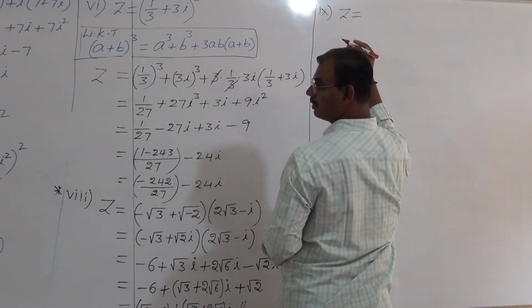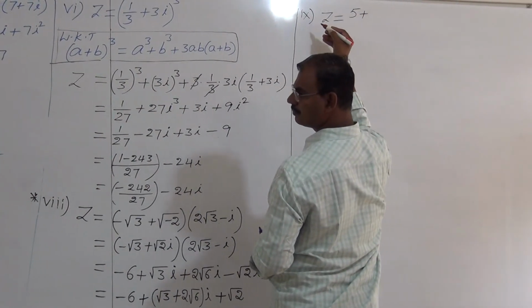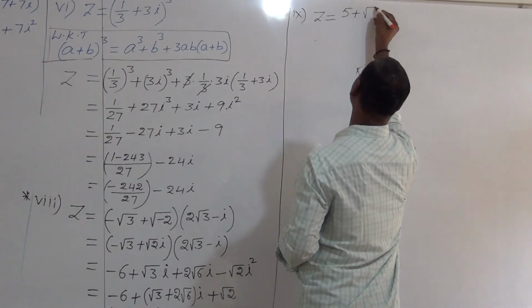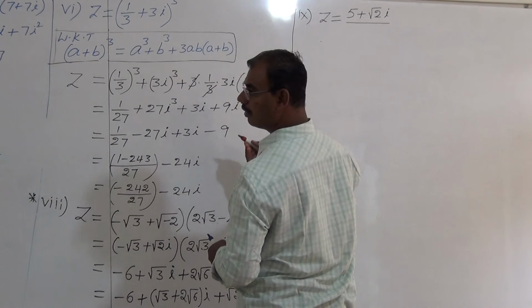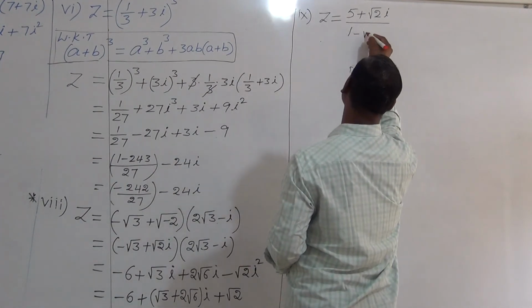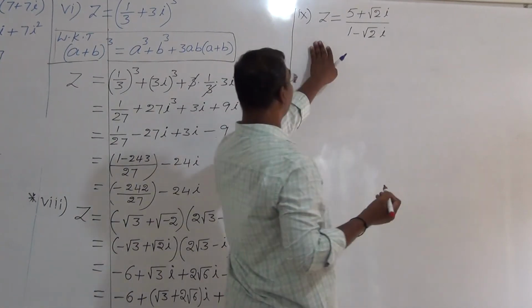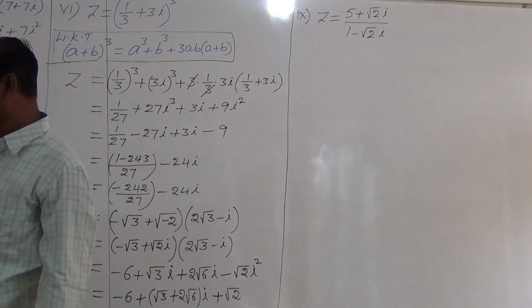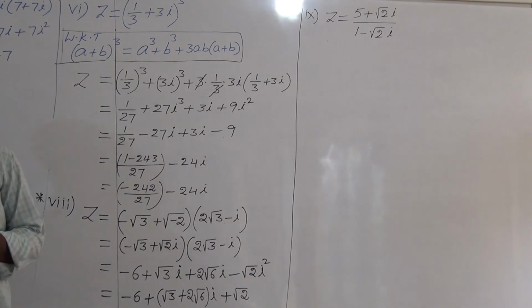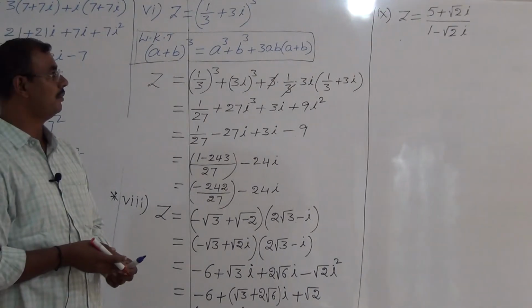Z is equal to 5 plus square root of 2 into iota divided by 1 minus square root of 2 into iota. Z is equal to 5 plus root 2 iota divided by 1 minus root 2 iota. How to make it in the form of a plus iota b?